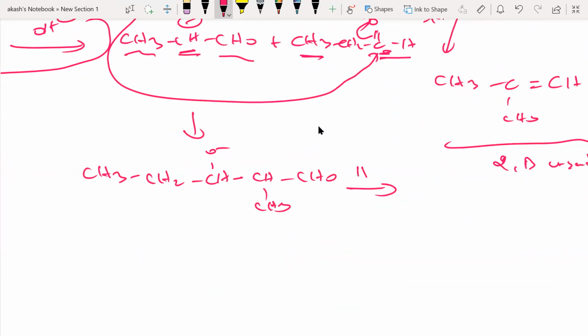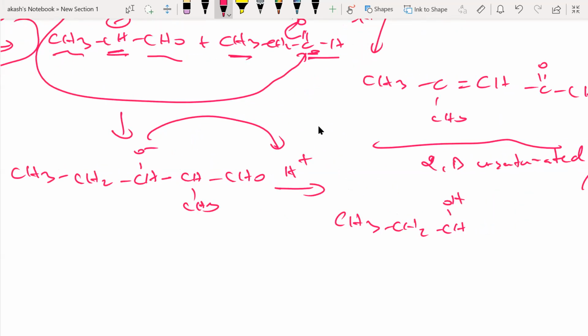You will take up the H plus to the oxygen, right? So you are going to form CH3CH2CH(OH)CH(CH3)CHO. This is what we have. Then what are you going to do? I have to remove the water molecule from the alpha and beta positions. So you will remove this H2O, right?